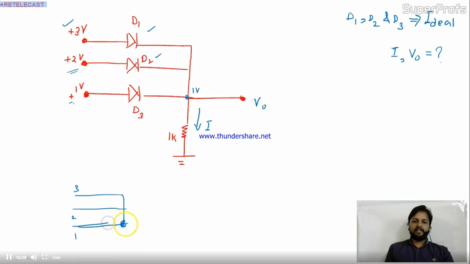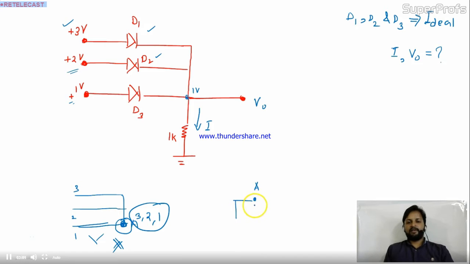So this is a faulty condition in the circuit. This condition can't happen, because a particular node can have only one voltage. In this case, at this node A you have 3 volt, also 2 volt, also 1 volt. Is it not? This condition is not possible. At a single node, you can have only one voltage.